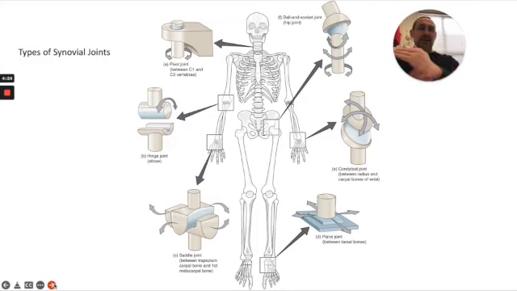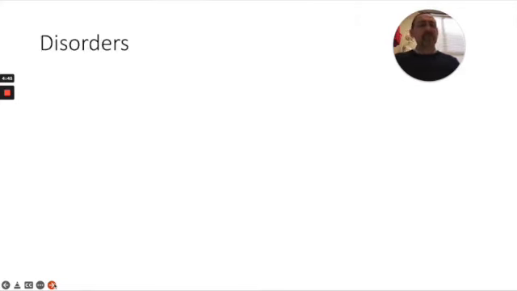Plane joint, like in your tarsals and carpals, where you can kind of move your wrists from side to side. They slide across each other. A condyloid joint is so you can kind of roll and rotate around on that joint. So there's a lot of different kinds of joints that allow you to have a lot of different types of body positions.